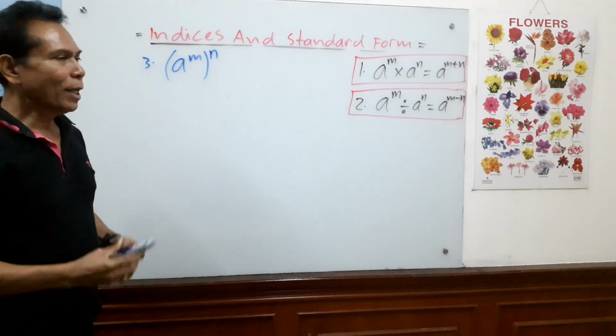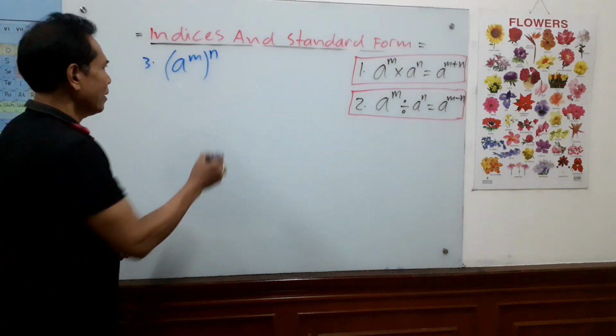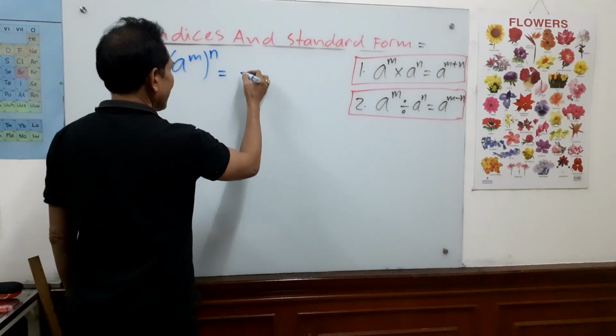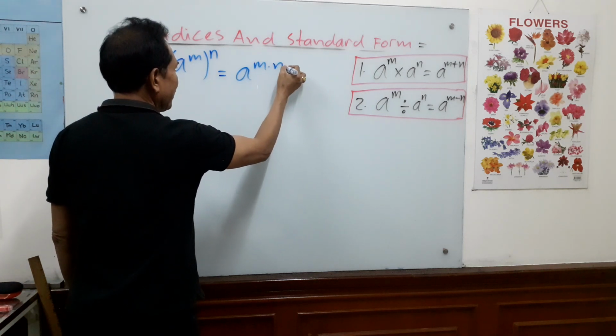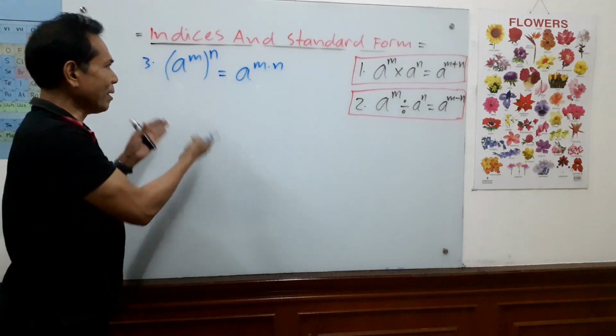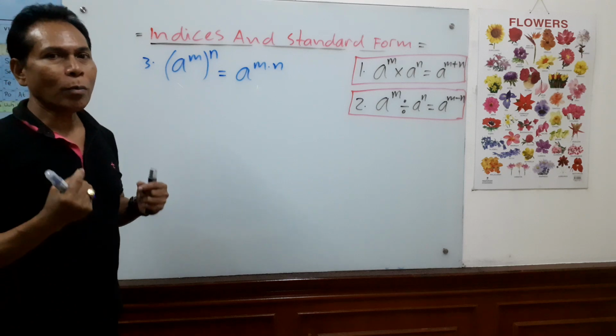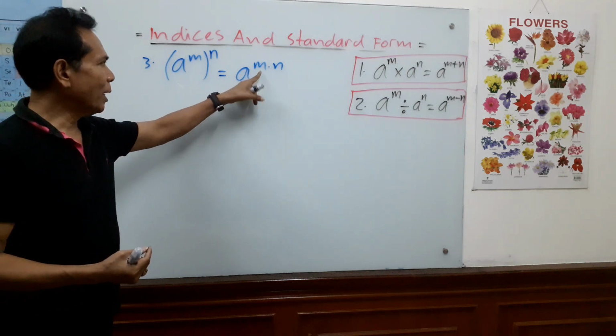I repeat one more time. A power m to the power of n equals A power m times n. So if you come across questions like this, don't forget to multiply the powers. Okay, A power m times n.